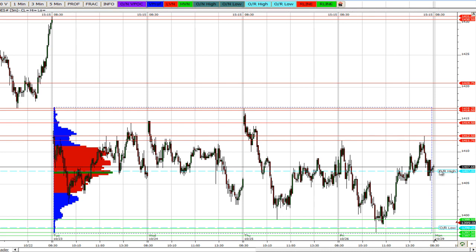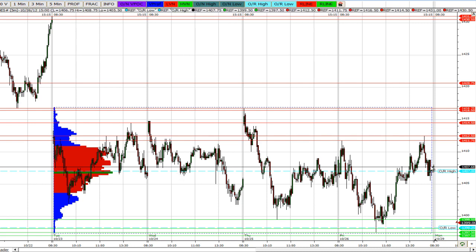In that case, it would simply be a reference that tells us what the market is likely to do if we move above it or below it. So if we were to open up at 1407, for instance, let's assume we're not gapping down. This high volume node would not be something that we would say, oh, I want to buy here, I want to sell here, in and of itself as a support or resistance area. It would just simply be a reference that we're watching.